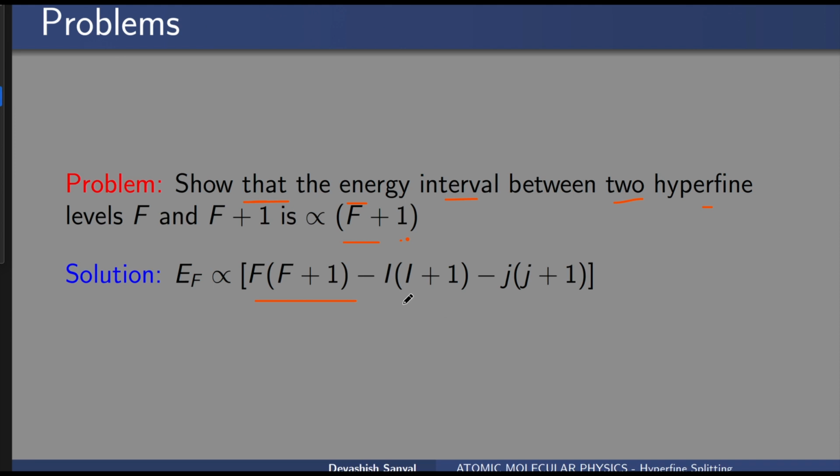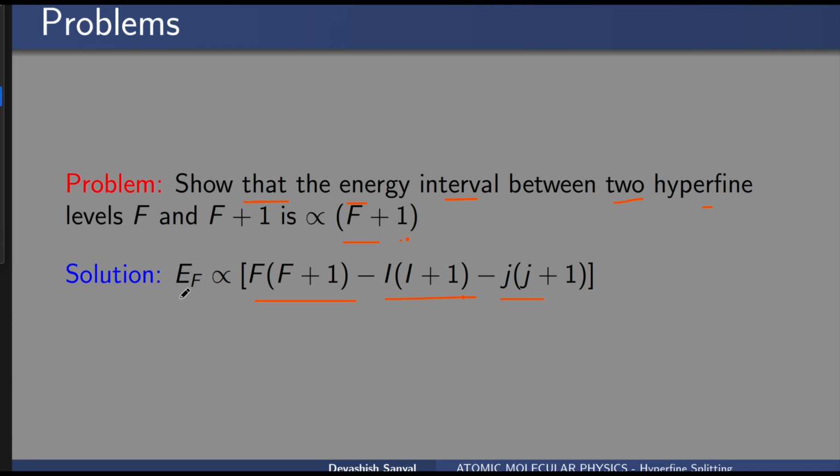This is the total spin angular momentum squared of the nucleus, and this is the total angular momentum squared of the atom, where we have not taken into consideration the nuclear spin. So this is easy to do.